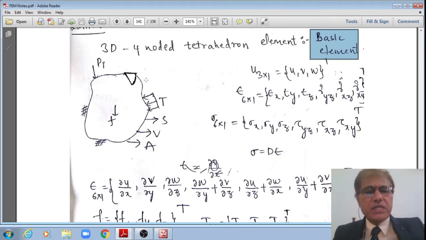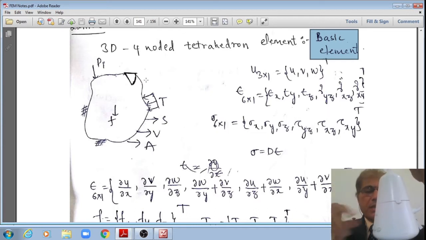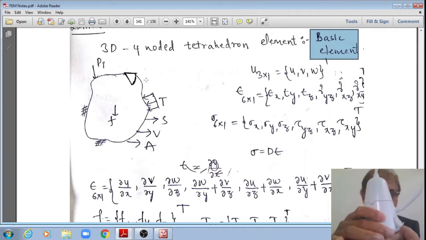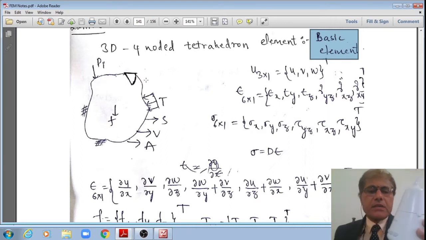Now, I consider a 3D problem like this, wherein it has a generalized geometry, with some boundary conditions, and it is subjected to different sets of loads.